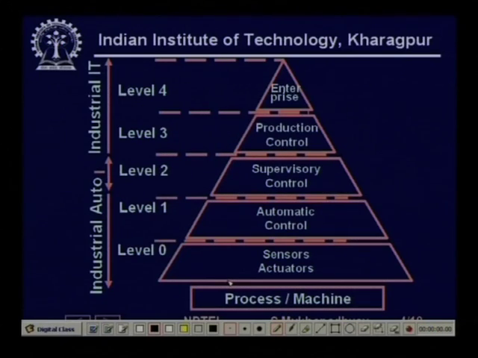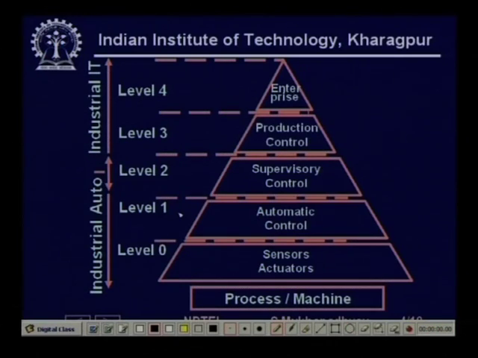So, they actually get the signals from the process or the machine. Now, these sensors and actuators act as the eyes and the arms of the controllers. So, on top of these we have the automatic control layer, which is called level 1.